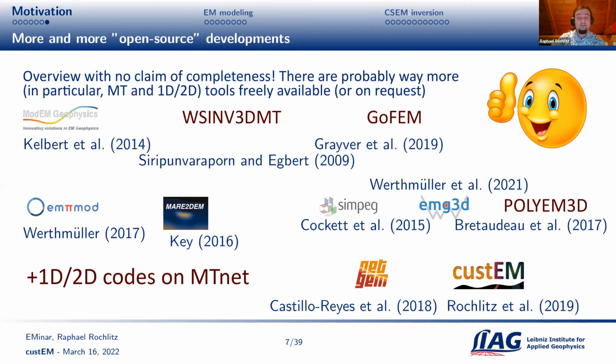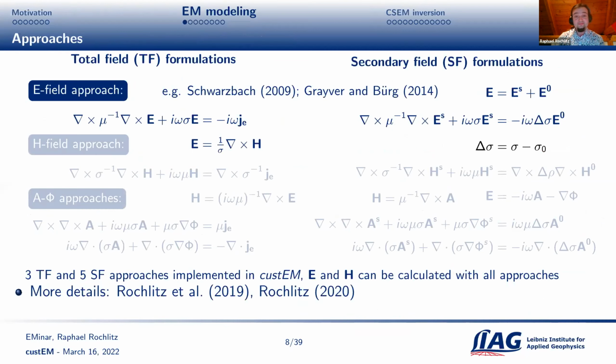With that, I want to continue with the modeling we do in custEM. This is only one slide of equations, to come back to our basic equations. In custEM, in my PhD, I implemented and tested many different electric, magnetic, and potential field formulations and approaches for finite element simulations.